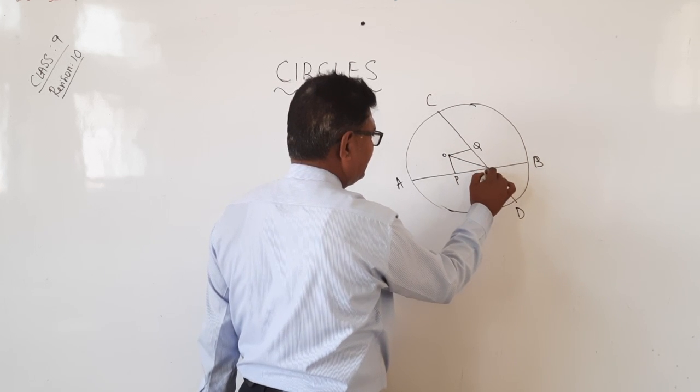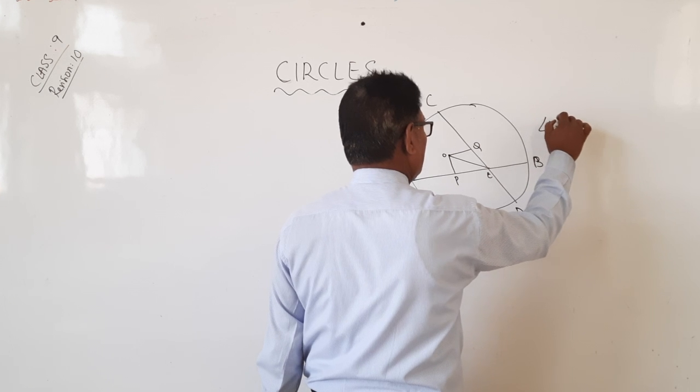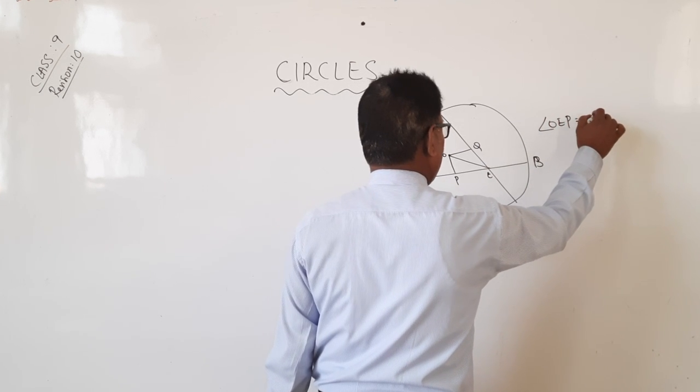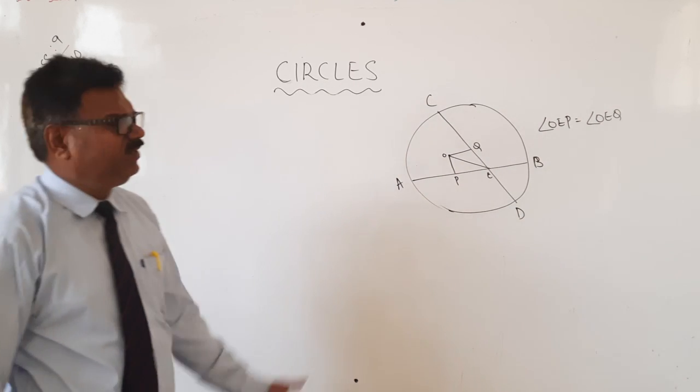They are intersecting at E. So we have to prove that angle OEP equal to angle OEQ. Okay na? Very simple now.